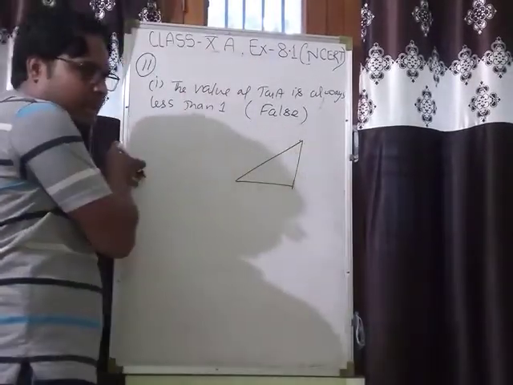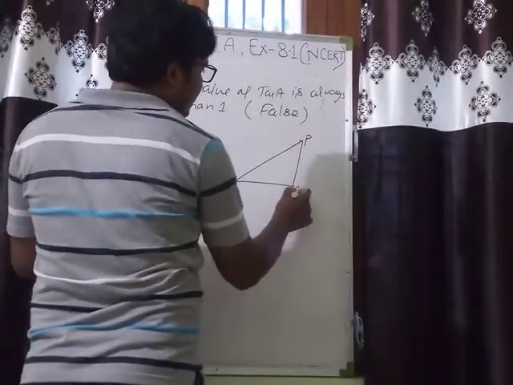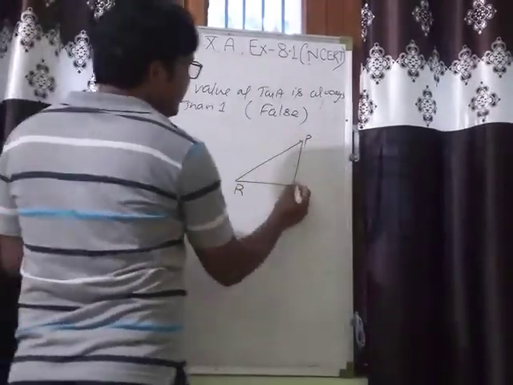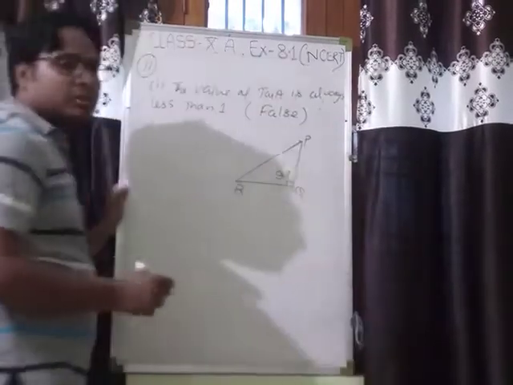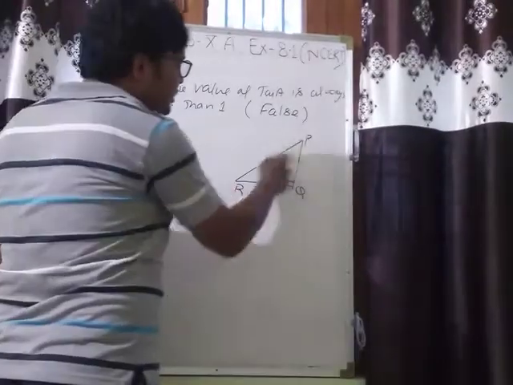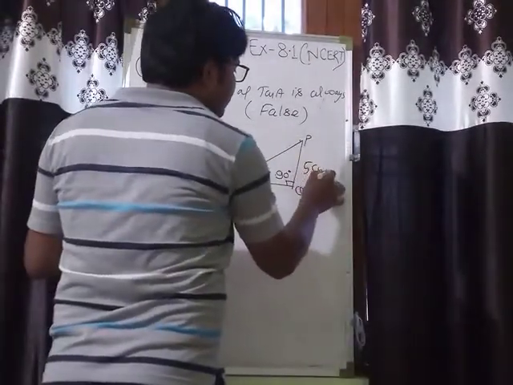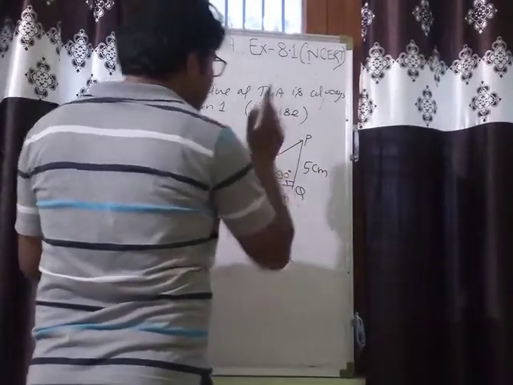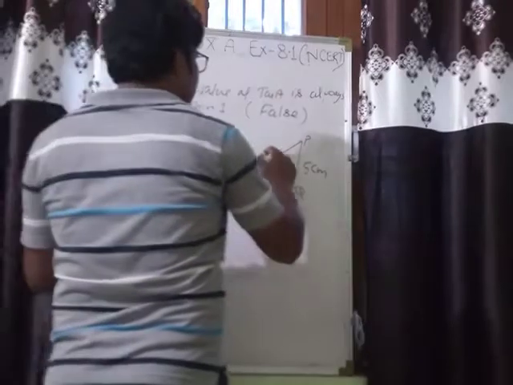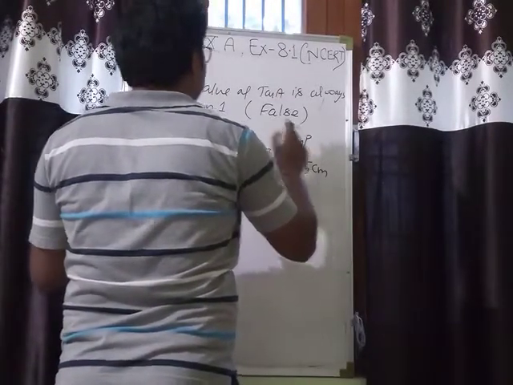Recently in question number 10, we had taken a triangle PQR in which angle Q is 90 degree, length of PQ is 5 centimeter and length of QR is 12 centimeter, and this one had come 13 centimeter.